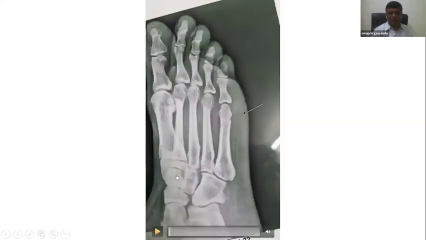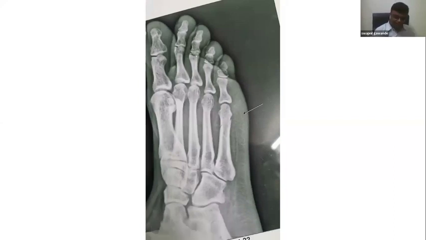Here you can see in this particular arrow, this is the undisplaced fifth metatarsal fracture, and the patient was having swelling and can't put the leg on the ground, and was unable to walk. As the patient was a lady, I can't shoot the complete video. So the most important part was the treatment portion, how we treated this undisplaced fracture.